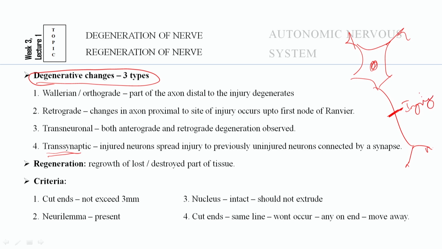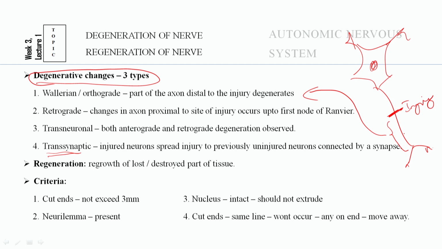When there is an injury at this level in the axon, the degenerative changes which take place distal to the injury are called Wallerian degeneration. Whatever degenerative changes you observe distal to the injury is called Wallerian or orthograde degeneration.